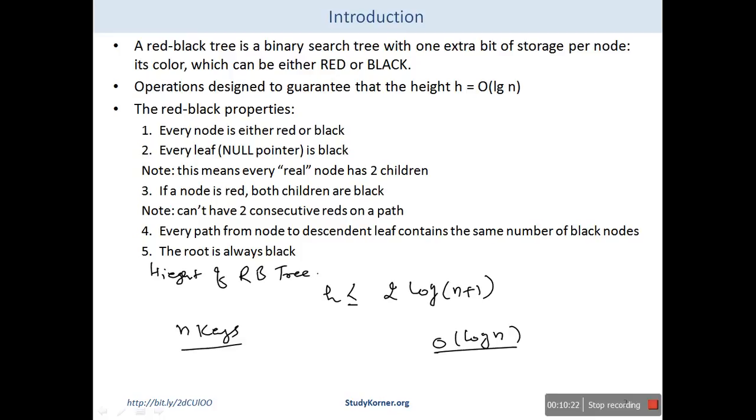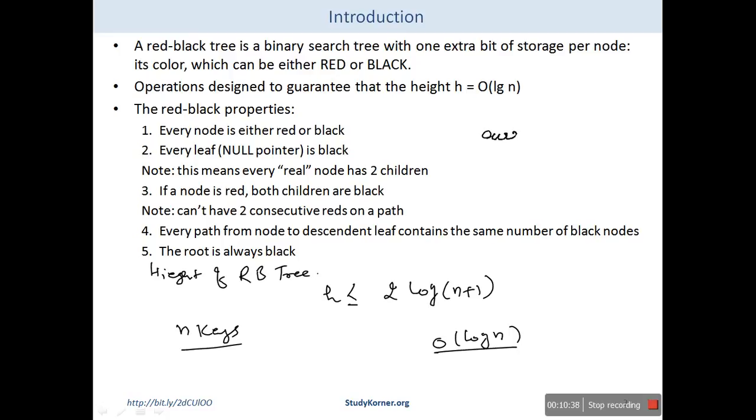Okay. Now the next thing is, on a red black tree various types of operations can be performed. There are two types of operations on any data structure. One is the querying operation.